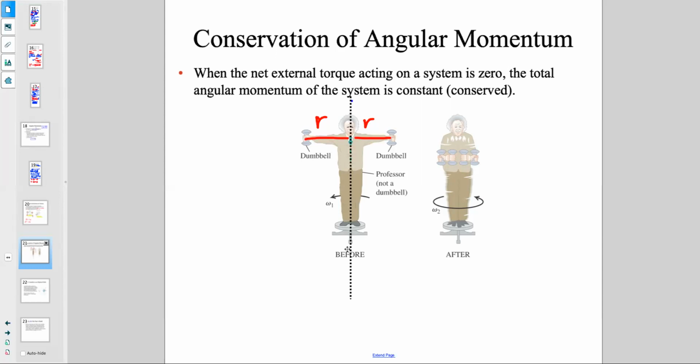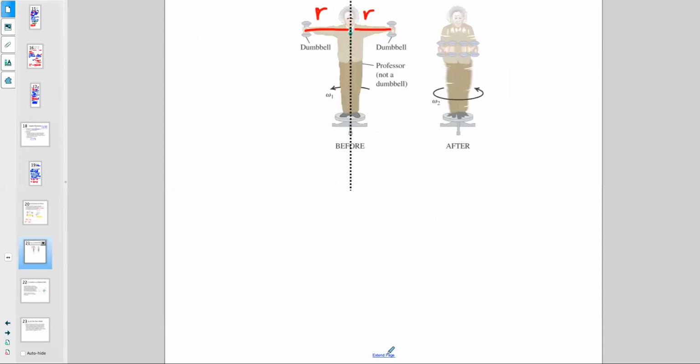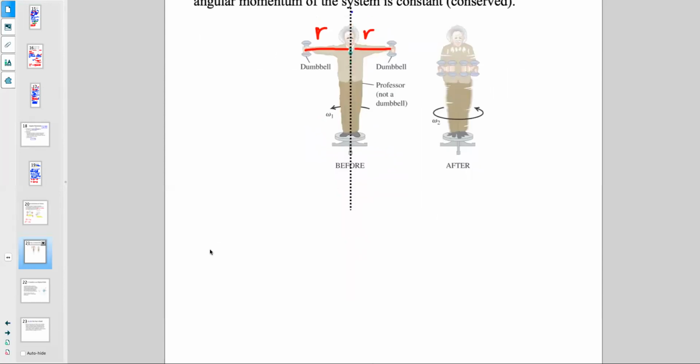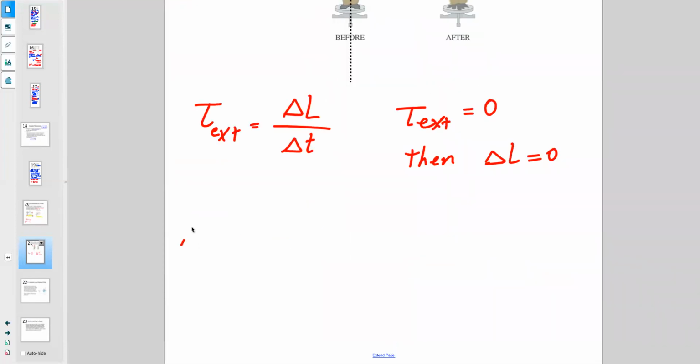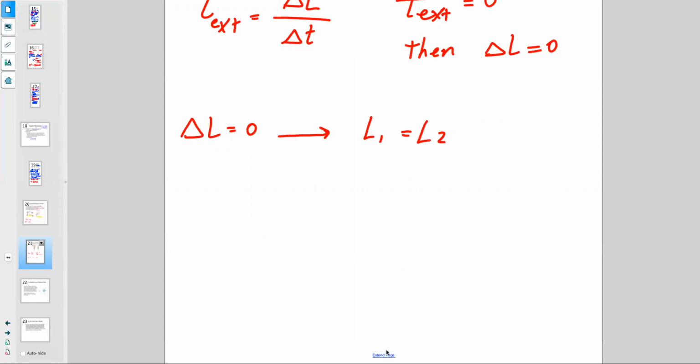When the net external torque acting on a system is 0, the total angular momentum of the system is constant. Same thing that I just said. In other words, tau external is delta L over delta t. If tau external is 0, then delta L is 0, or L1 should be equal to L2. We know what L is.